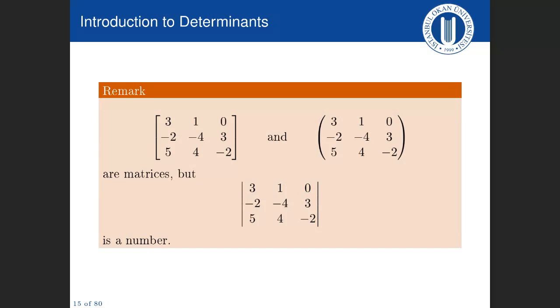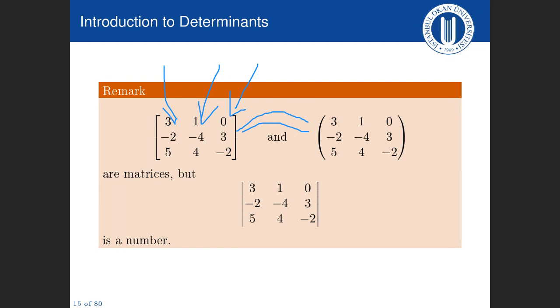Now, let me just remark that, as I've said previously, it doesn't matter if we use square brackets or rounded brackets when we write matrices. These two things mean the same thing. These are exactly the same matrix written in two different ways. It just depends on which book you happen to read. Your textbook uses square brackets, so I'm using square brackets in this course.